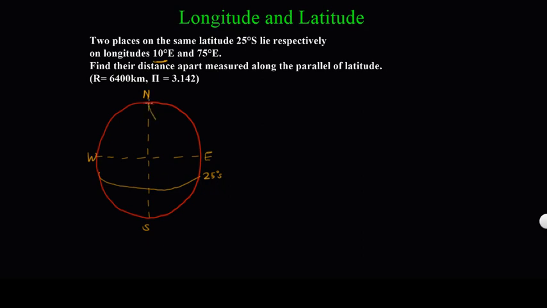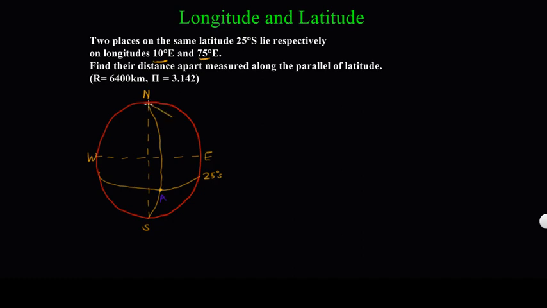So the longitude 10 degree east is something here. So the point where the latitude and the longitude intersect, that is the point A. Let's call this point A. Then the next one, the second point here, that's 75 degree east.